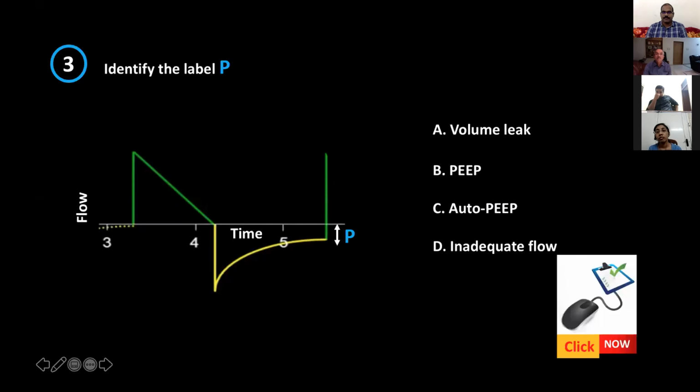Now the answering pace has improved. In 5 seconds I'll close the poll because people are answering very fast and not much clarification is required.